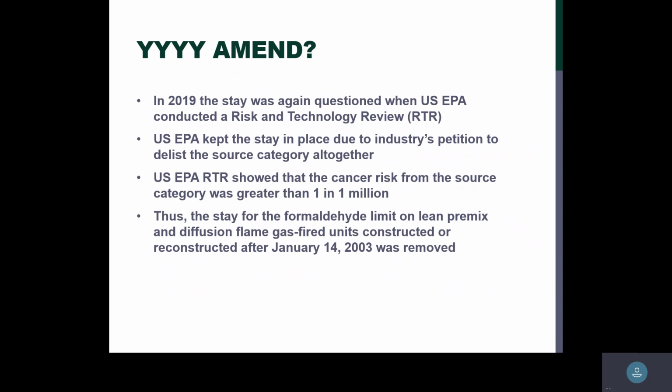However, during the risk and technology review, EPA realized that the source category had a greater than 1 in 1 million chance for cancer risk. So because of that, they've decided to go ahead and remove the stay for formaldehyde emissions on these turbines.